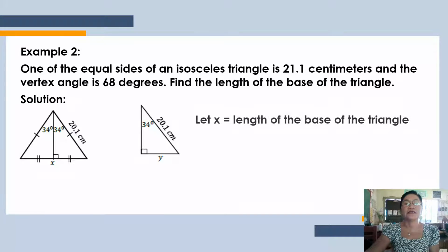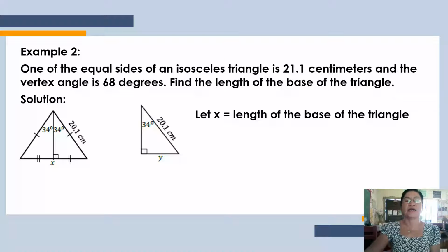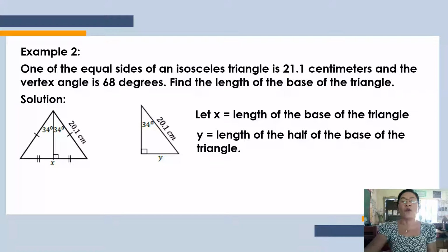After that, we can represent the unknown. The unknown is the length of the base of the triangle, so we use variable x to represent it. Then y is equal to the length of half of the base of the triangle. So this is y, and that is also y.